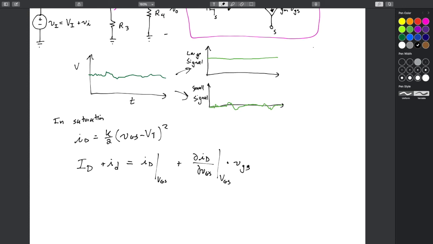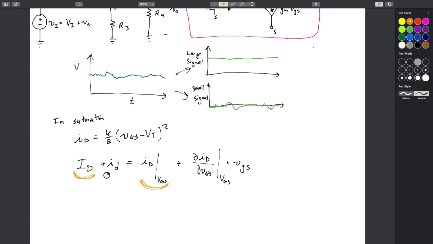It's saying that the large signal output is based off of whatever equation you have analyzed with the large signal inputs. In this case, the input is VGS, the output is current.